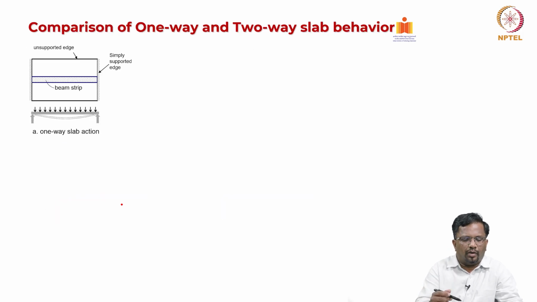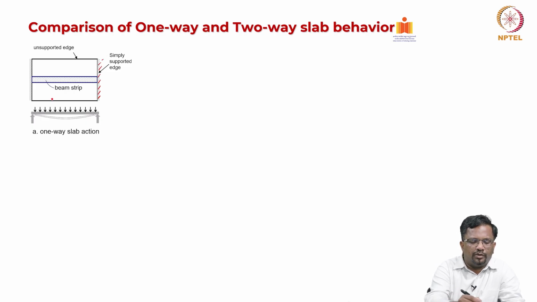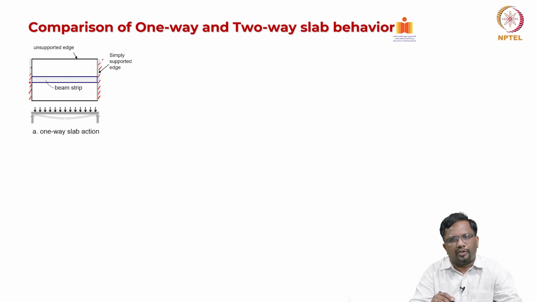Now also the behavior between two-way and one-way depends upon how the slab is supported. Let us say, for example, a slab is supported on two edges like this. Then the bending is going to be only between the supports, irrespective of the geometry of the panel.